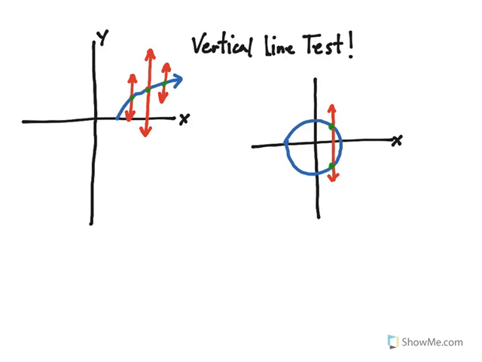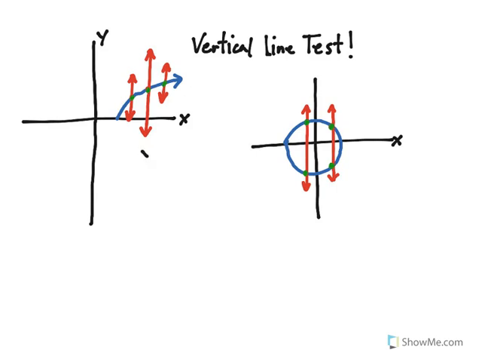We said that one x value should not be producing two simultaneous y values, and that is why that's not a function. No matter where you draw the vertical line, it's going to intercept that graph more than once, so it's going to fail. This is not a function.